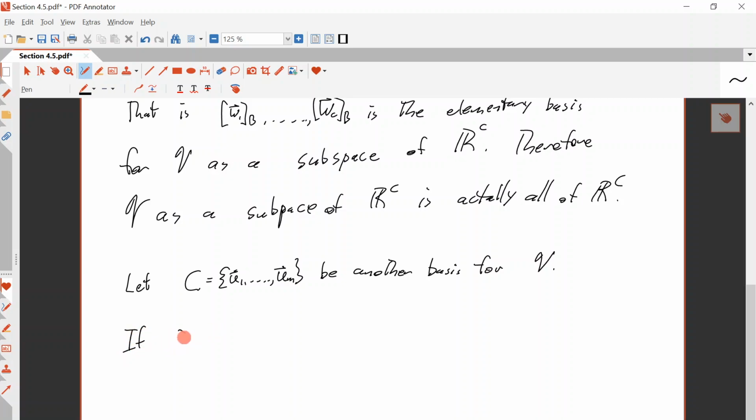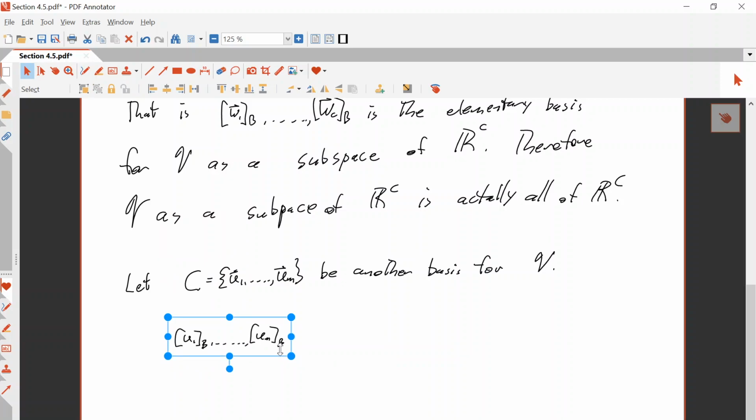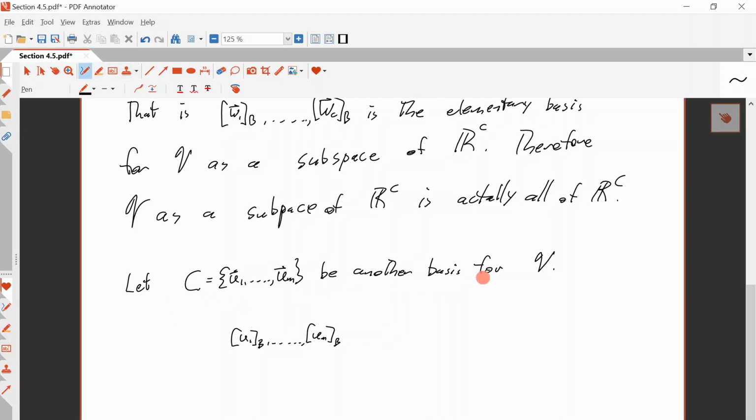So consider these vectors, U1 with respect to B through UM with respect to B. Therefore, since C is a basis for V, these vectors are a basis for RC, which is V in disguise, or V is RC in disguise, or however you want to think of it.